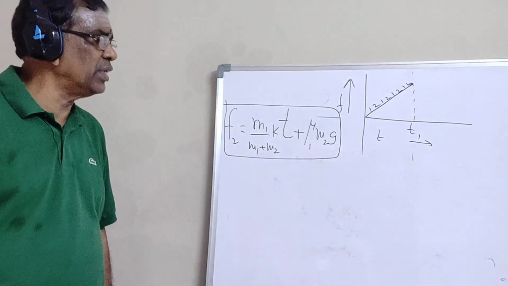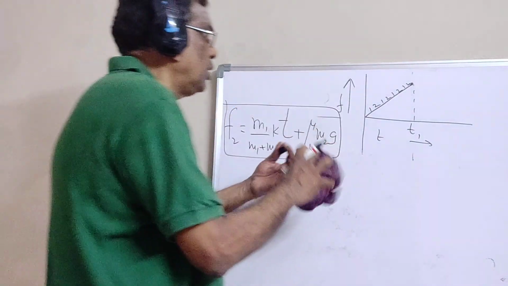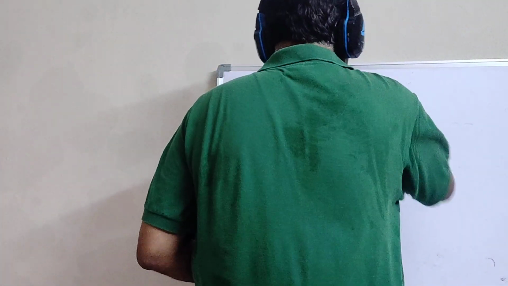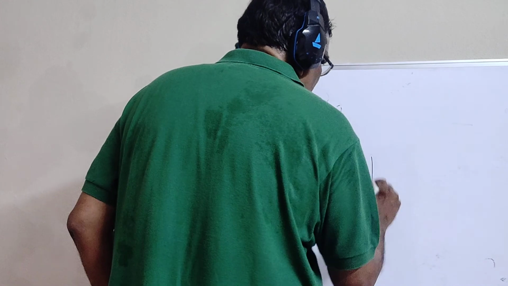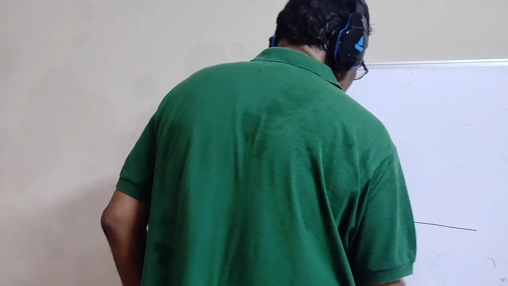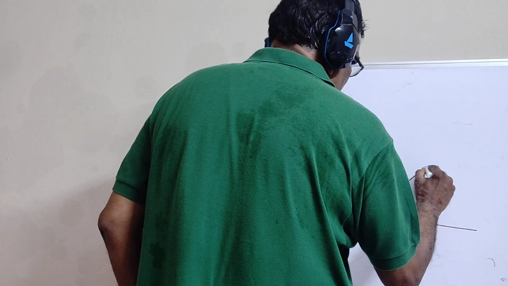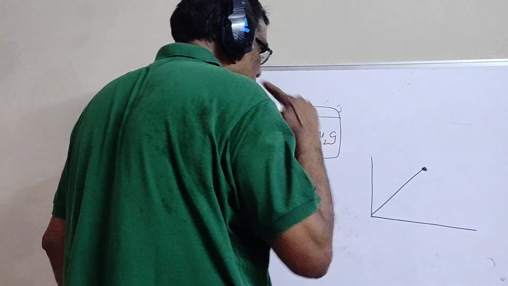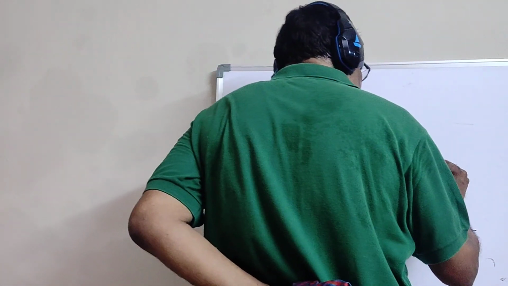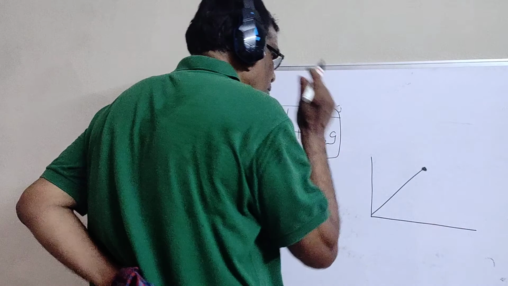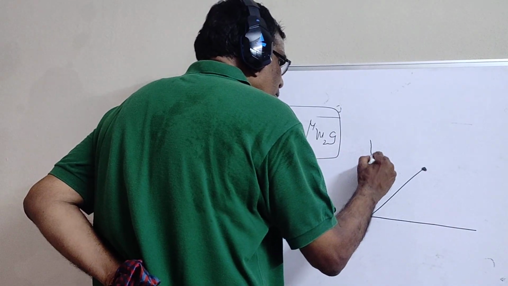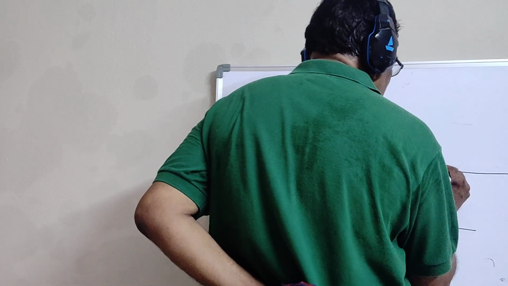What is the slope of this? I think I will draw this diagram a little below. Now, the system starts moving, therefore, this is 1, 1.